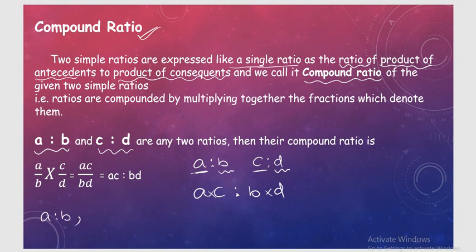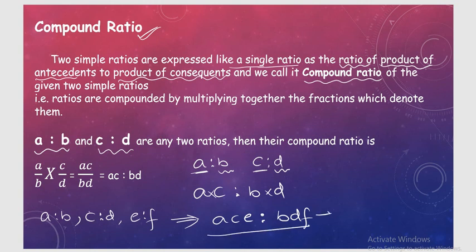Not only two ratios, we can take more than two also. So if A is to B is one ratio, C is to D is another ratio, E is to F is one more ratio, then their compound ratio I can write as A into C into E is to B into D into F. So this is nothing but the compound ratio of those three ratios, right?